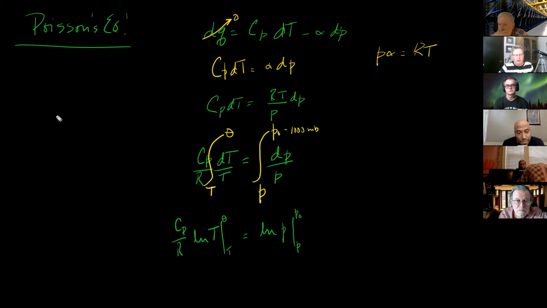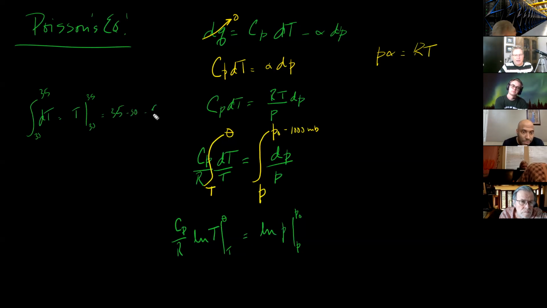So I want to show you something. If I integrate this from 30 to 35, isn't that going to be T evaluated from 35 to 30, which is equal to 35 minus 30, which is equal to 5, right?